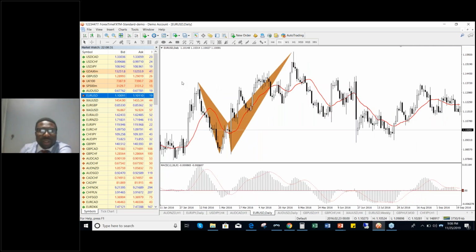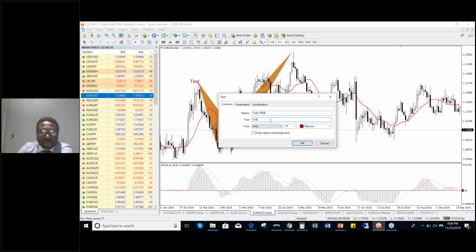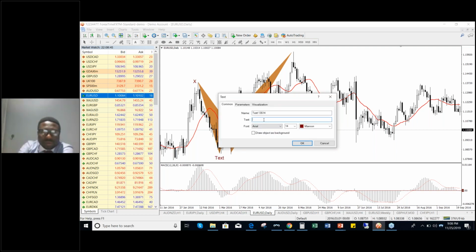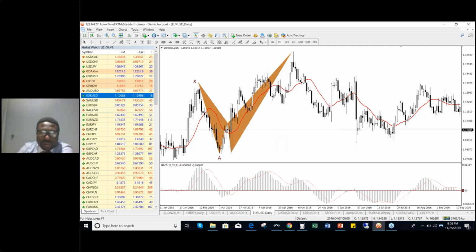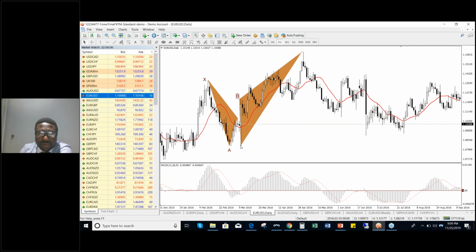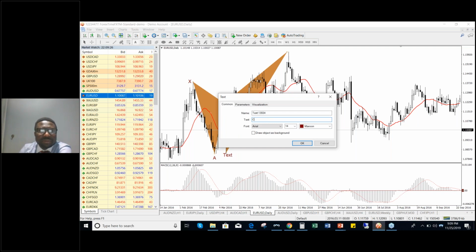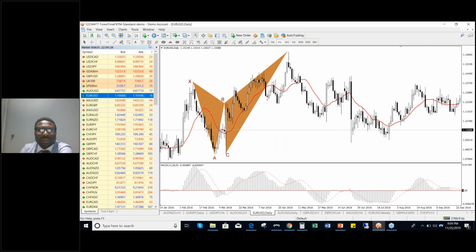So this point will be our point X, and this point will be our point A, and this point will be point B. And this point will be C. And this point will be D.